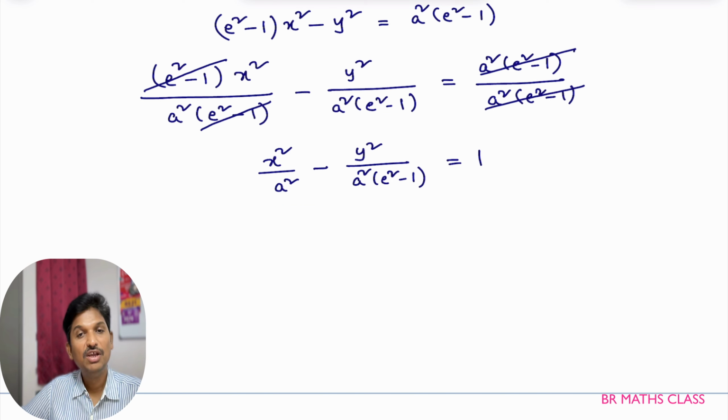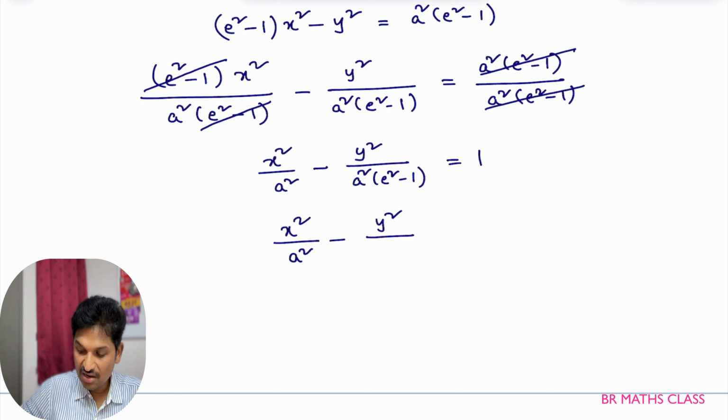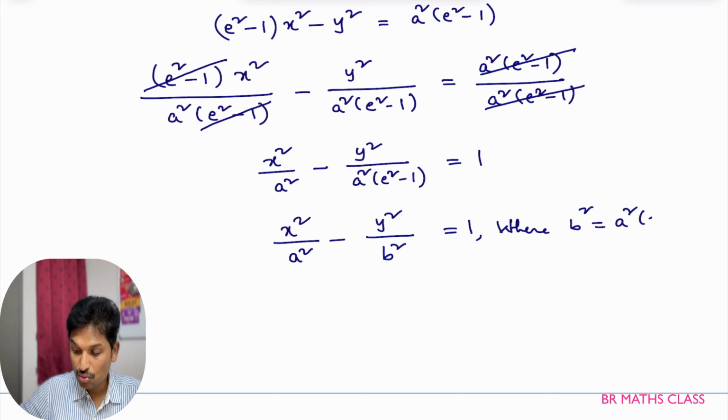But we'll make it a little simpler, by taking this as b square. X square divided by a square minus y square divided by b square equal to 1. What is b square? You must and should specify here. B square is a square into e square minus 1.